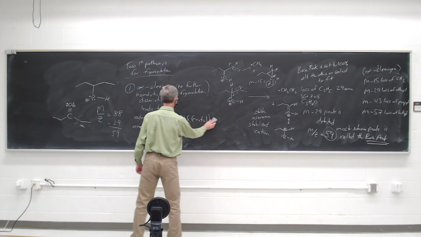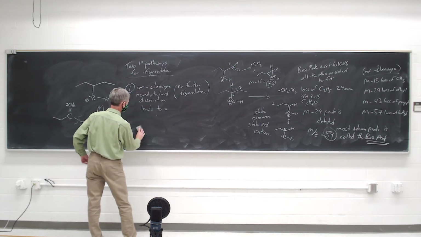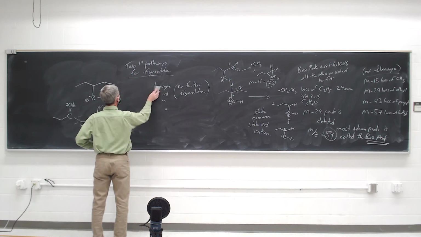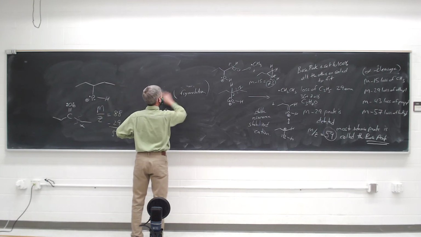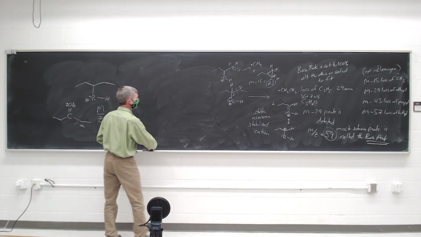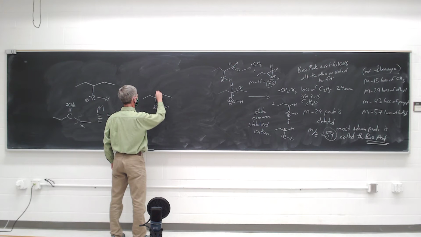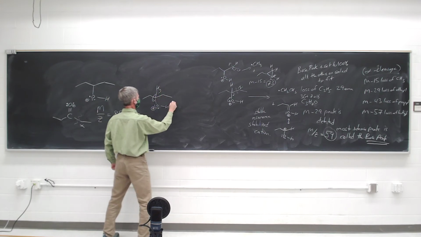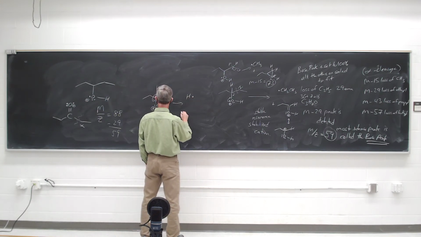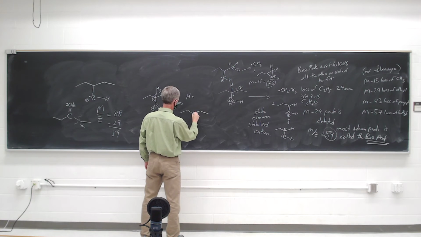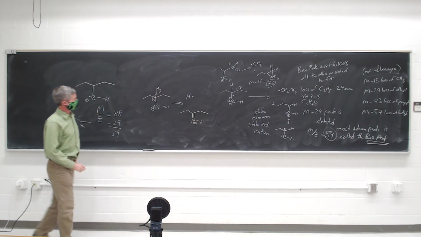There is another good fragmentation, though, that could generate a resonance stabilized cation through an alpha cleavage. And that's instead of breaking the bond with carbon, you might break the bond with a hydrogen. So if we broke this bond, we can spit out a hydrogen radical and a resonance stabilized carbocation that looks like that.